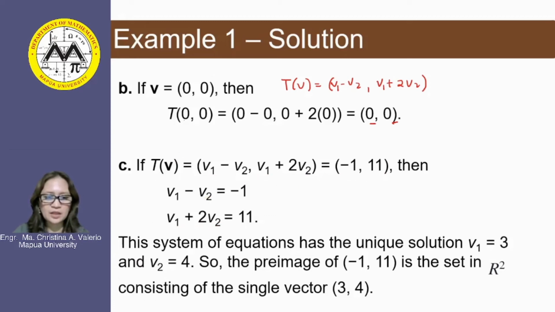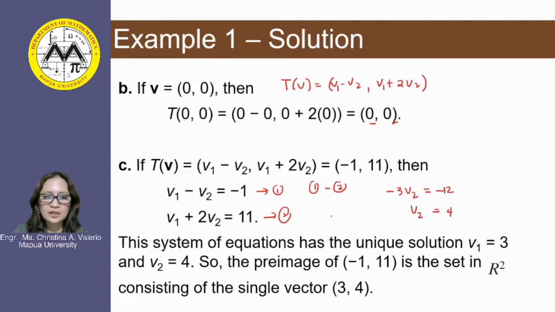As we can see here, that is equation 1 and that is equation 2. If you say equation 1 minus equation 2, we will be able to eliminate v sub 1, so that we will have negative v sub 2 minus 2 v sub 2, which is equivalent to negative 3 v sub 2, right? Which is equal to negative 1 minus 11, so that will be negative 12, and we can solve for v sub 2, which is simply 4.